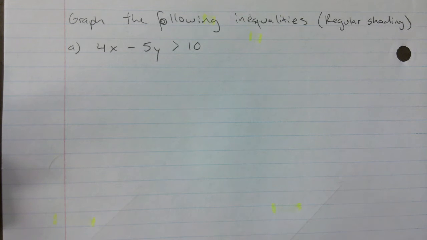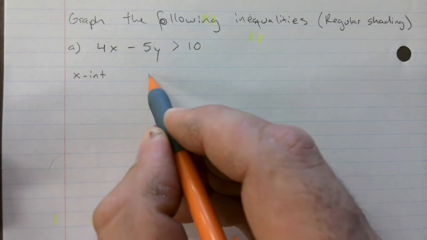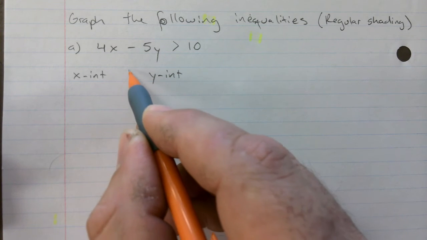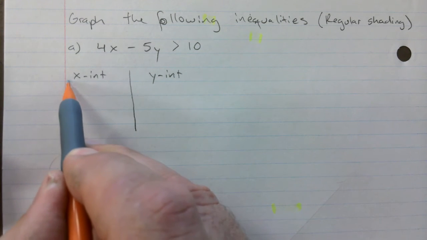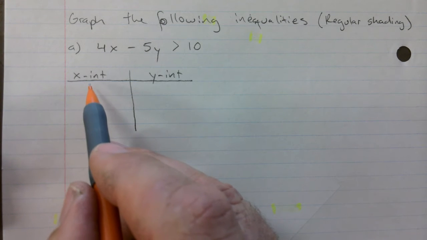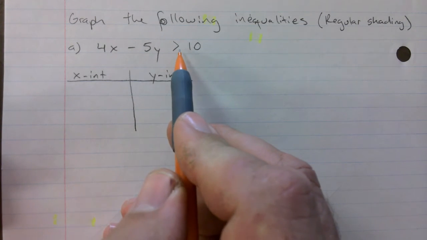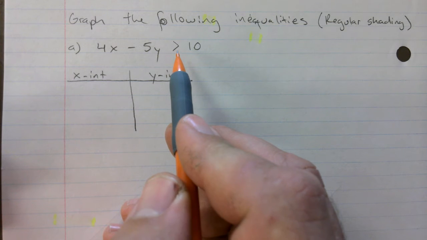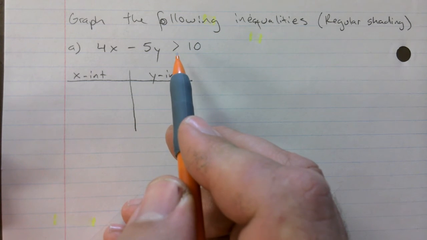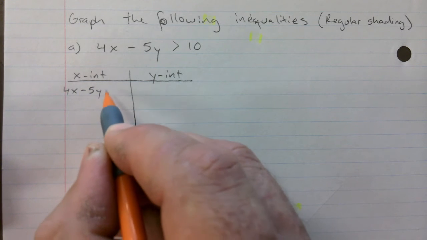So what I will ask you to do first and foremost is we're going to find the x and the y-intercepts just like I've been doing so far, but I want you to do them by hand. It's going to be a lot quicker than using our calculator. So basically, look at this. This is an inequality. I'm going to now take the equation that would mark the boundary of this inequality and write it down. 4x minus 5y is equal to 10.